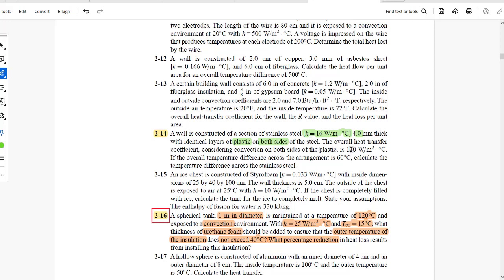The overall heat transfer coefficient, considering convection on both sides of the plastic, is 120 watt per meter square degree Celsius.